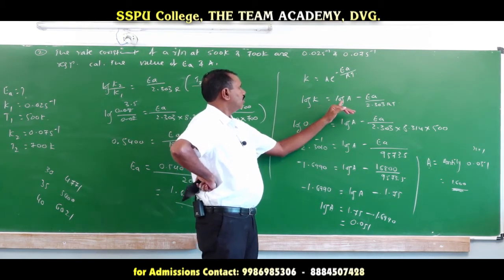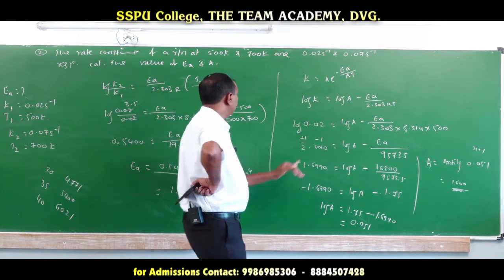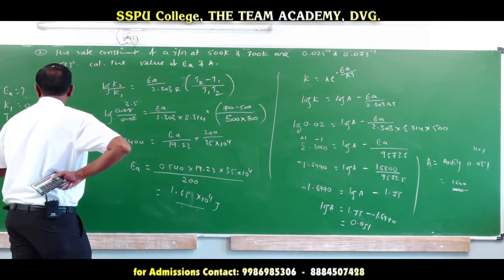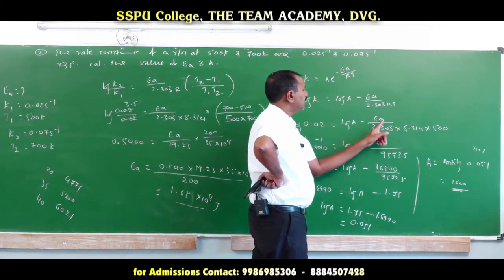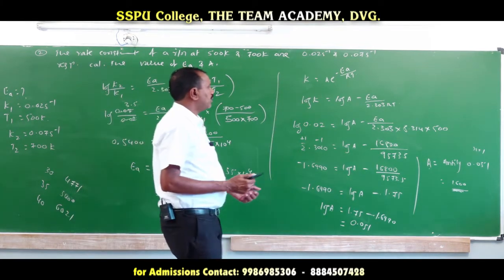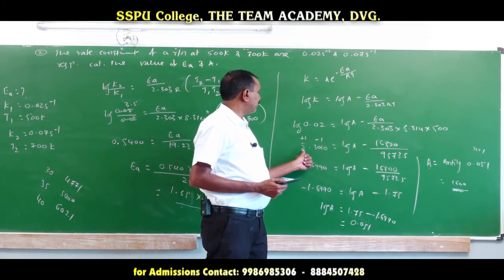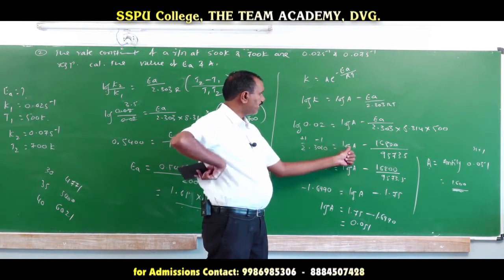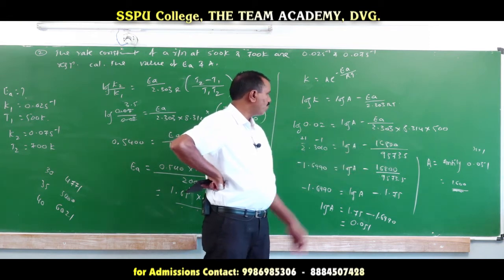So how to find out log A first? The K value is 0.02 when the temperature is 500. We know the EA value. So 8.314 into 500. The log of 0.02 is 2 bar, 0.3010, equals log A minus 16800 divided by this value.